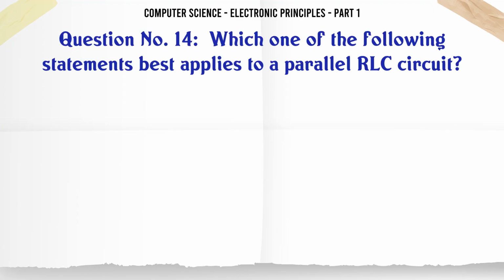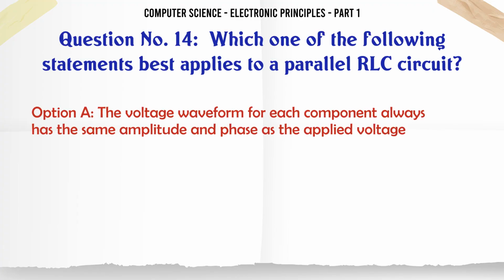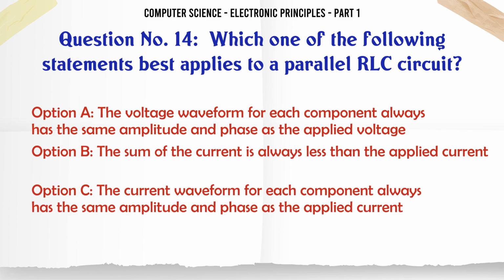Which one of the following statements best applies to a parallel RLC circuit? A. The voltage waveform for each component always has the same amplitude and phase as the applied voltage. B. The sum of the currents is always less than the applied current. C. The current waveform for each component always has the same amplitude and phase as the applied current. D. All of the above.